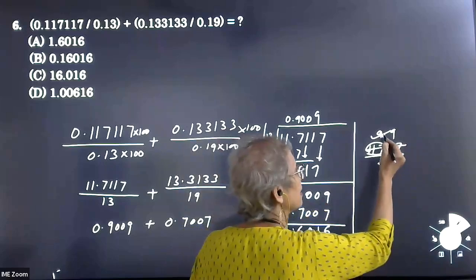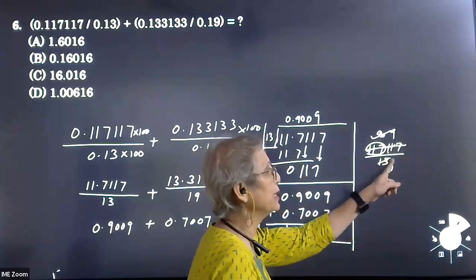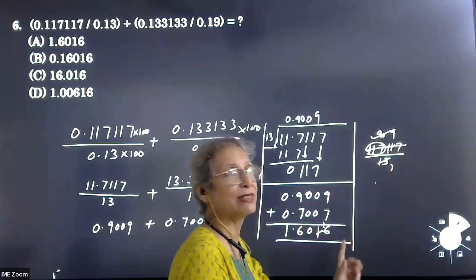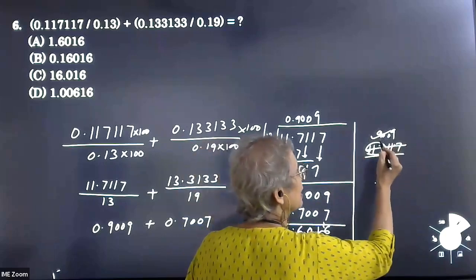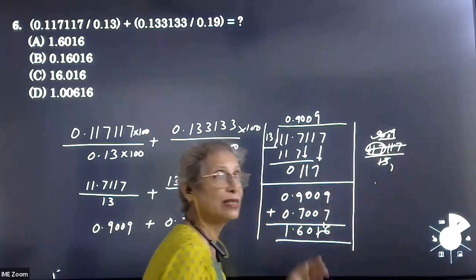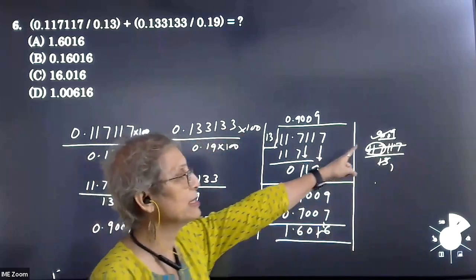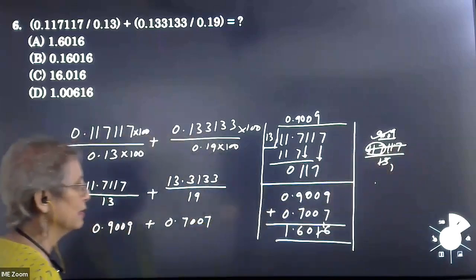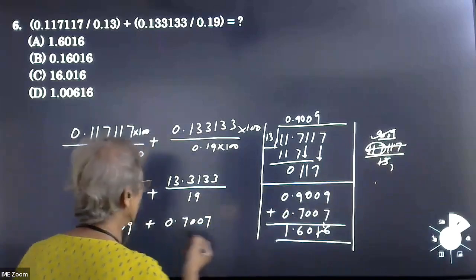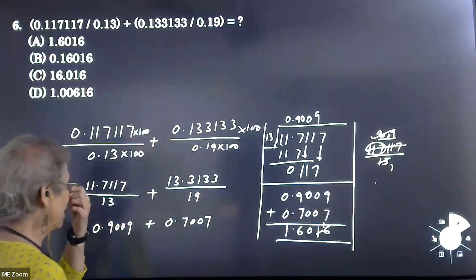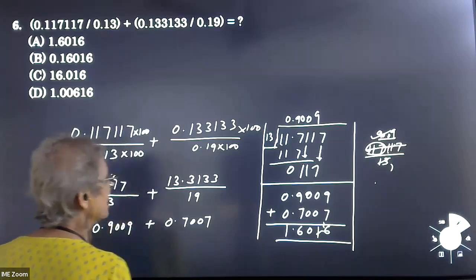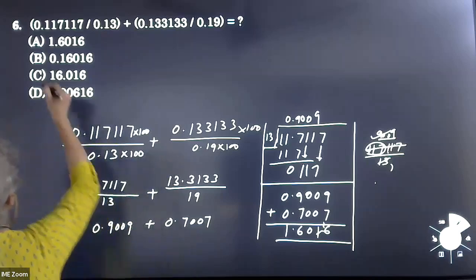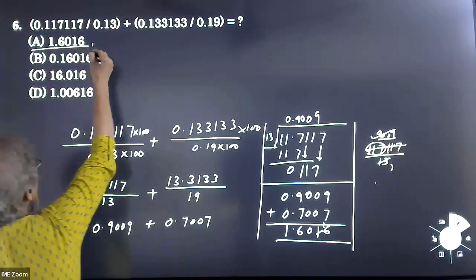So 1, 0 here. Then again when you bring down 1, that also is not divisible. So again 0. So there are 2 zeros. These 2 zeros. While doing this type of division, be careful about these zeros. Don't write 99. Okay? And therefore, these are the two answers. Then add them. Our final answer is 1.6016. Yes, this is the answer.